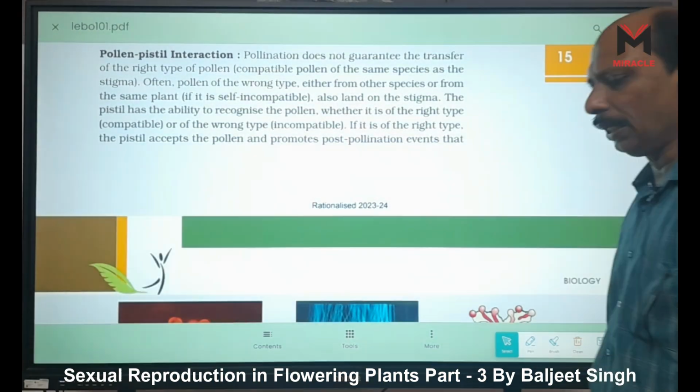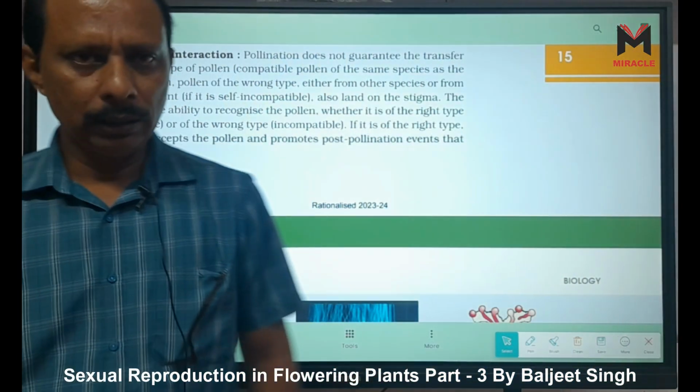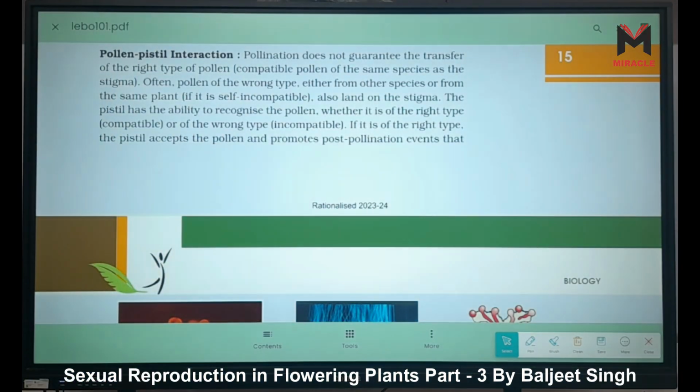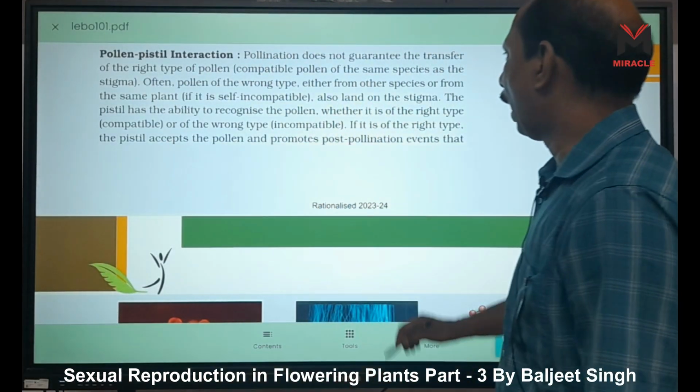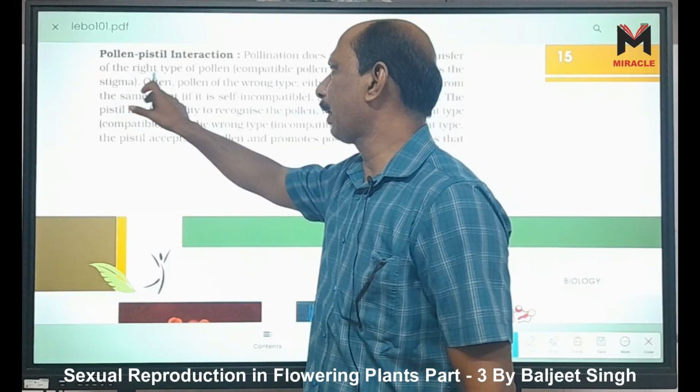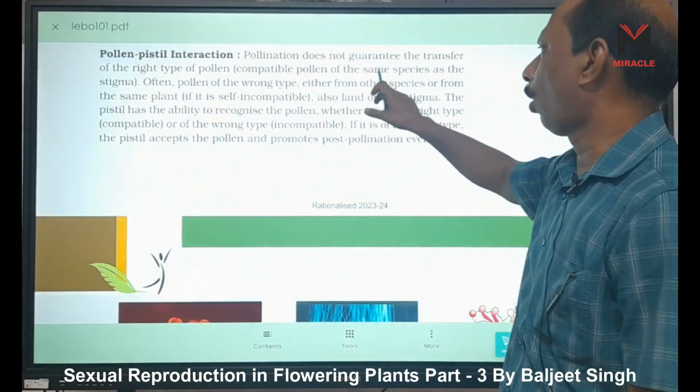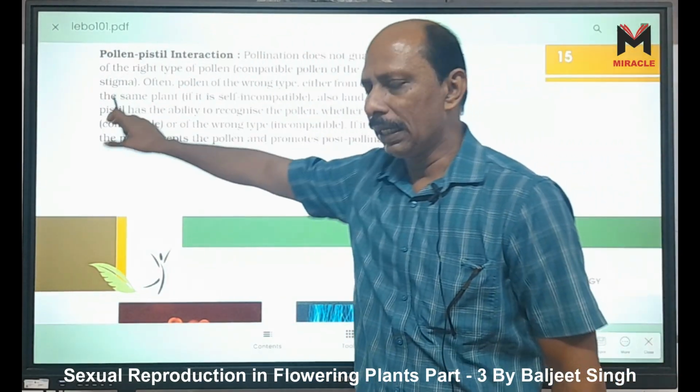Now, pollen-pistil interaction, right? In pollen-pistil interaction, pollination does not guarantee the transfer of the right type of pollen, compatible pollen of the same species, at the stigma.